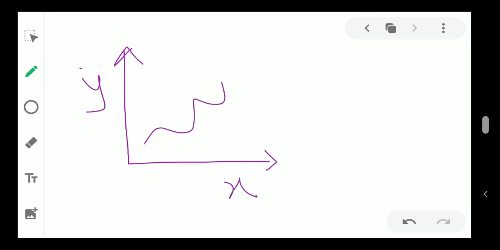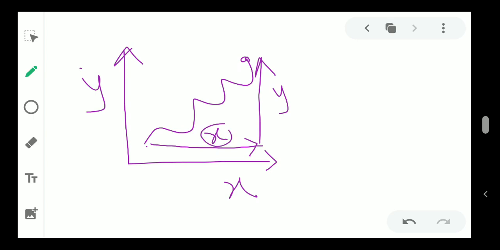So if something is moving in a two-dimensional plane, then it will have a displacement along the x side also, and a displacement along the y side also, right? So it will go like this. So there will be two components, one for this x shift and one for y shift.